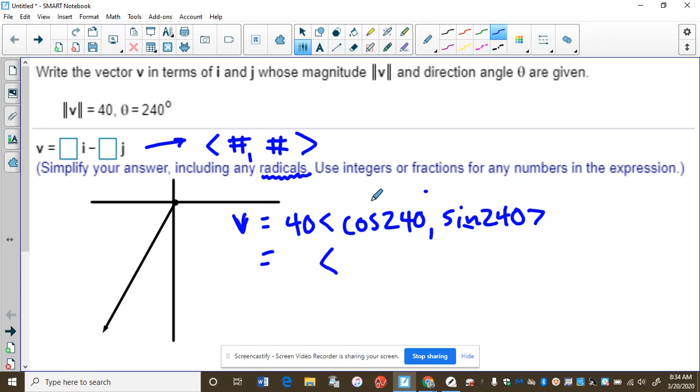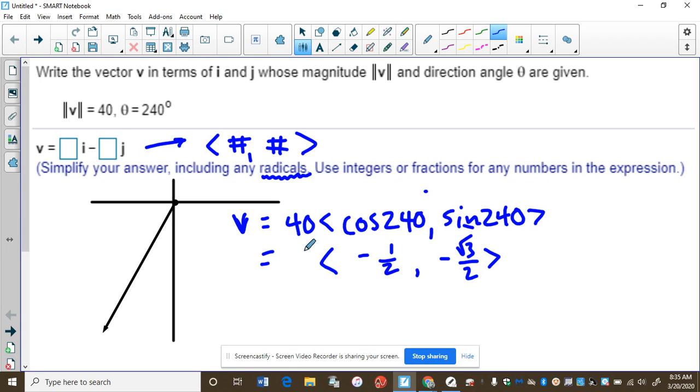It still is. It's come back again here in chapter 6 talking about vectors. The cosine of 240 degrees is the x-coordinate on the unit circle at 240 degrees, which is negative 1/2. The sine of 240 degrees is the y-coordinate at 240 degrees, which is negative radical 3 over 2.